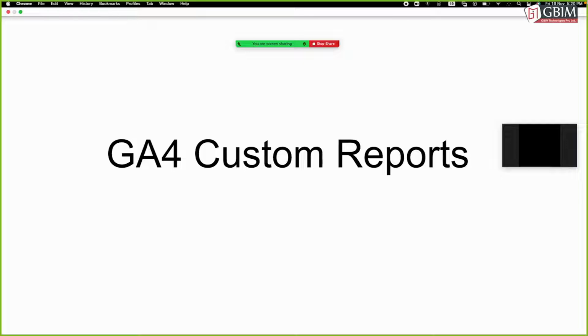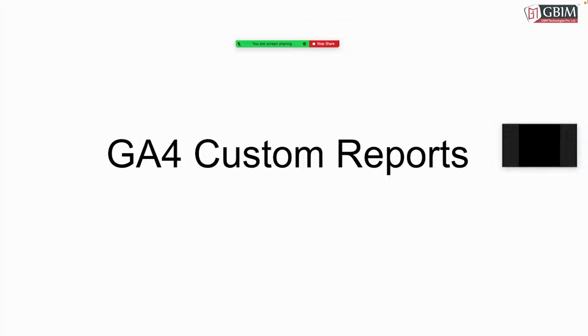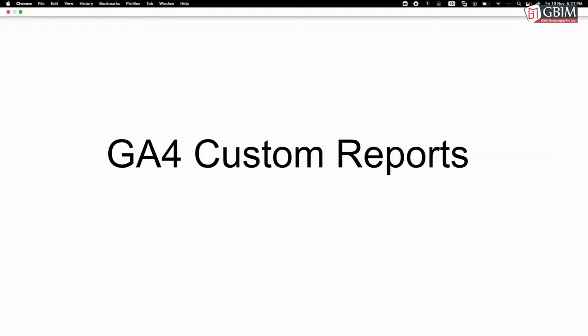That presentation in Google Analytics and Google Analytics 4 is called reports. Sometimes there are template reports in Google Analytics and Google Analytics 4. Sometimes if one wants to create their own custom reports to show their client, or for themselves to analyze their traffic in a deeper manner, they can use these custom reports.